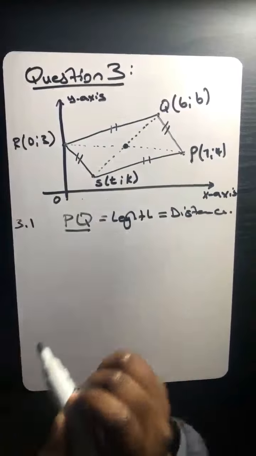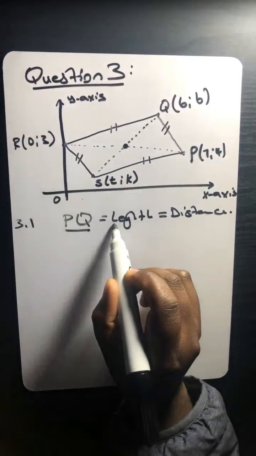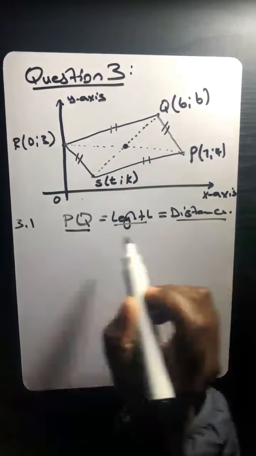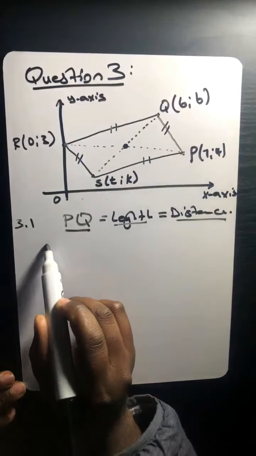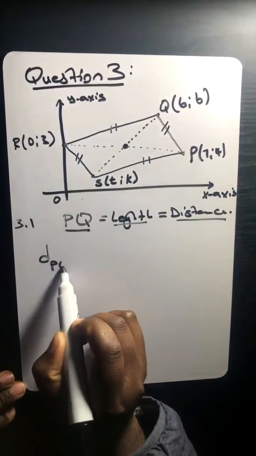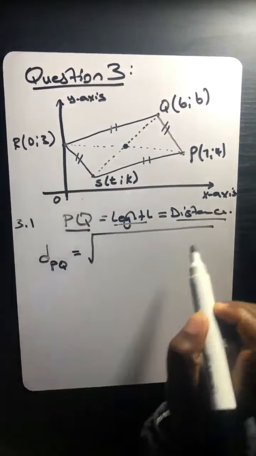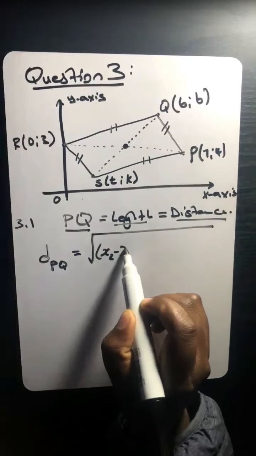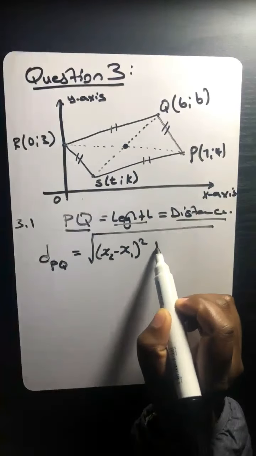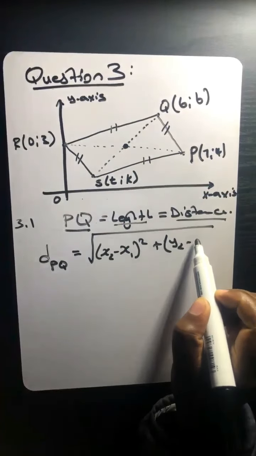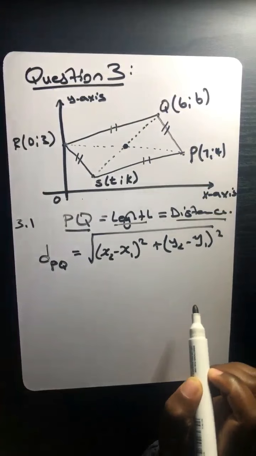So for me, because they set the length or distance of PQ, at the same time I'm going to write the distance formula and write PQ over there and say this is all that I know about the distance formula: the square root of (x2 minus x1) squared plus (y2 minus y1) squared.